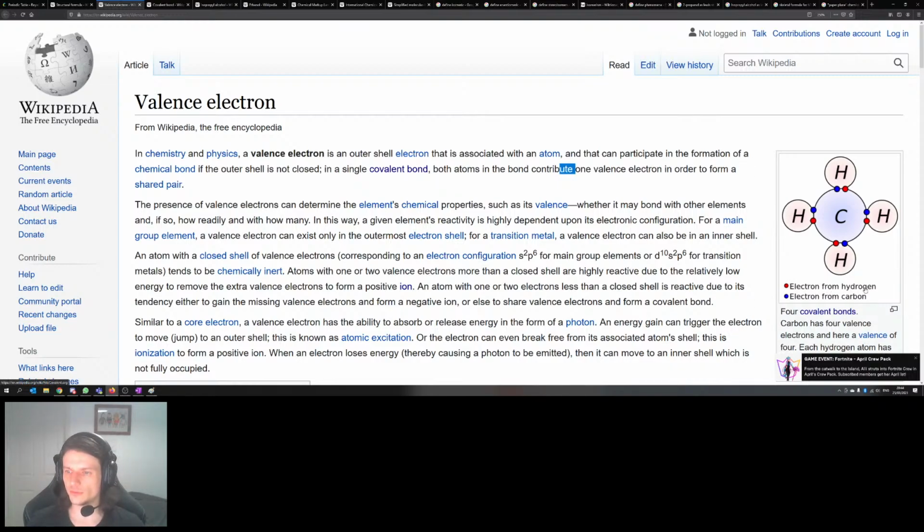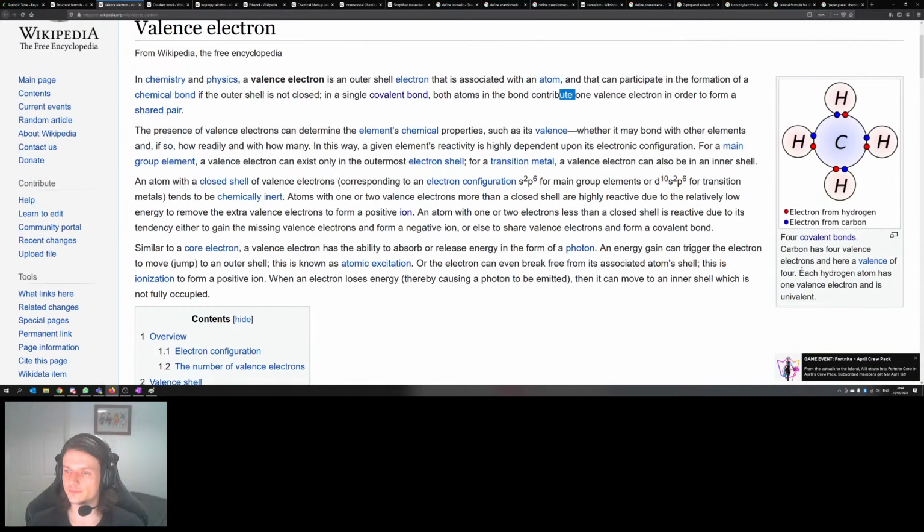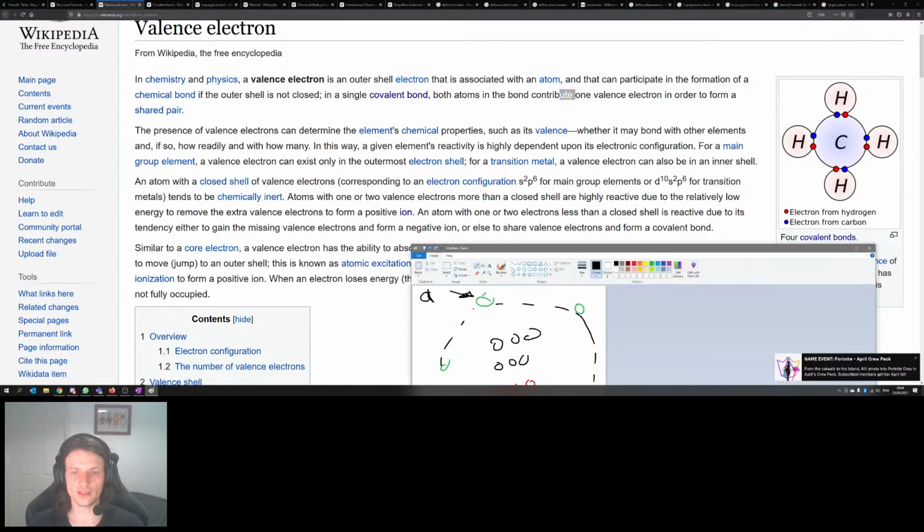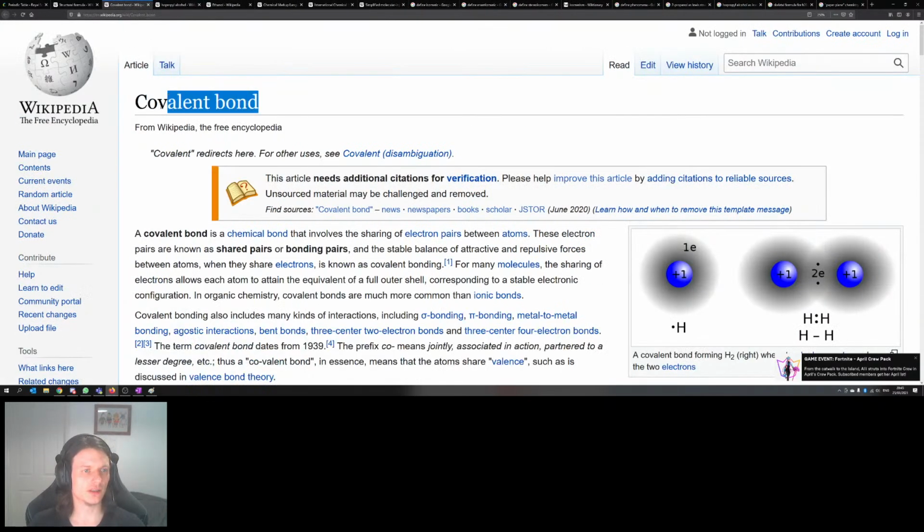So electron from hydrogen and electron from carbon, 4 covalent bonds because they're sharing the bond. I see, okay. So it's like if there was one here, it's using both of them to make that bond. Okay, that's fine.